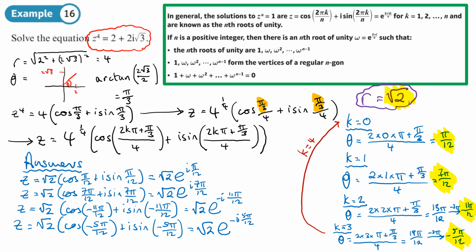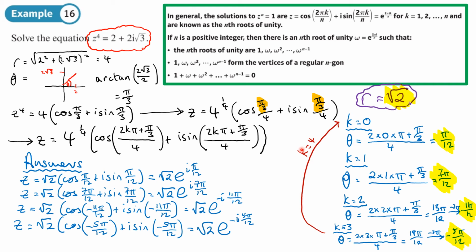If k was equal to 4, we would have 2 times 4 pi plus pi over 3. So that would be 8 pi plus a third pi, so 25 pi over 3 at the top, divided by 4 would be 25 pi over 12.